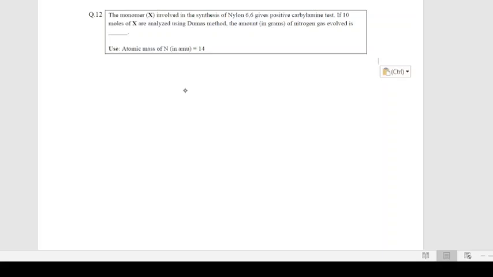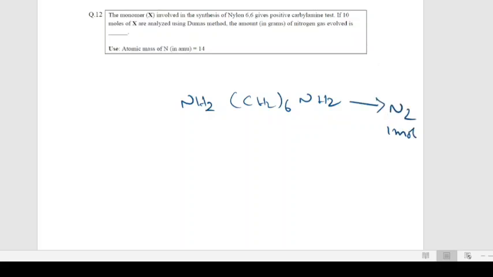As it is giving the carbylamine test, it's a primary amine. So hexamethylene diamine, that is nothing but NH2 CH2 6 times NH2, is the compound that gives N2, 1 mole of N2 for 1 mole of hexamethylene diamine, right?